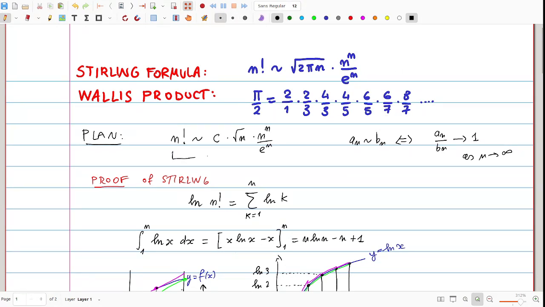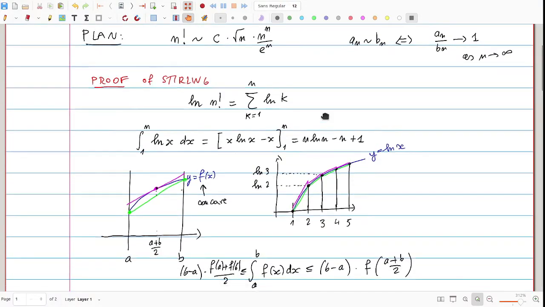So assuming this formula is true, which we have proven, by replacing this formula in the Wallis product in some way, we will be able to relate C to pi over 2, and so find the exact value of C. So we are going to prove Wallis product now.